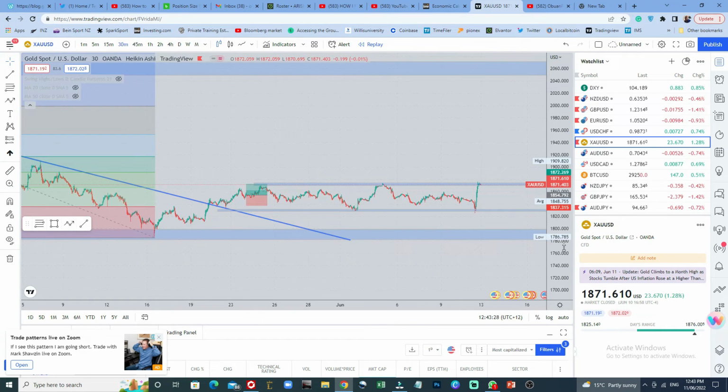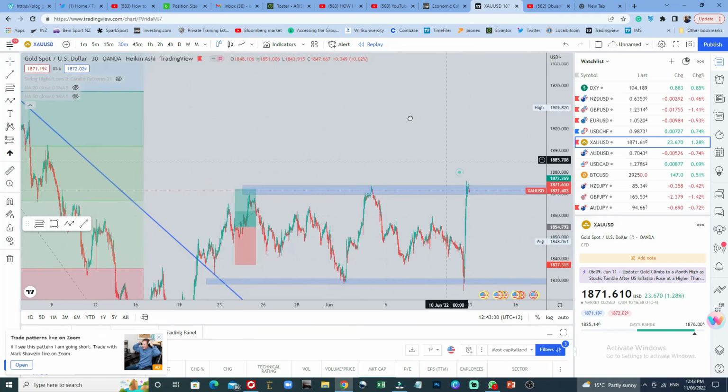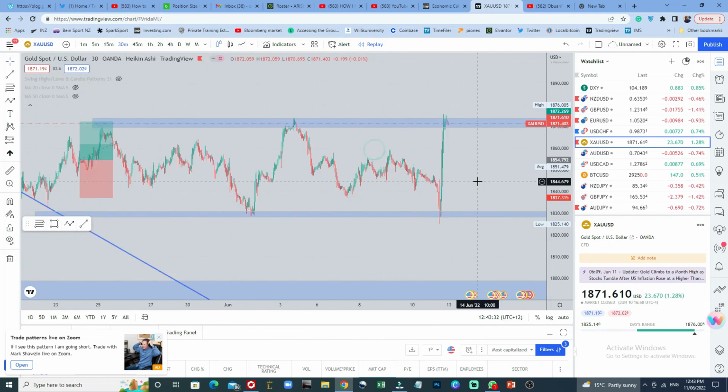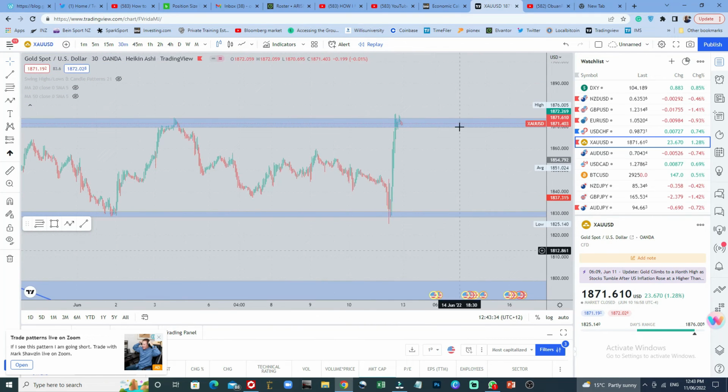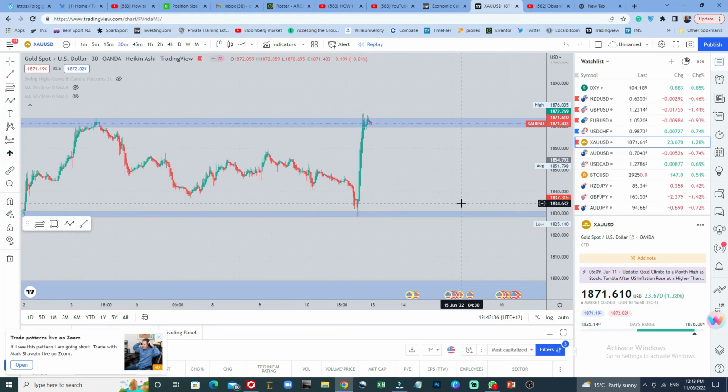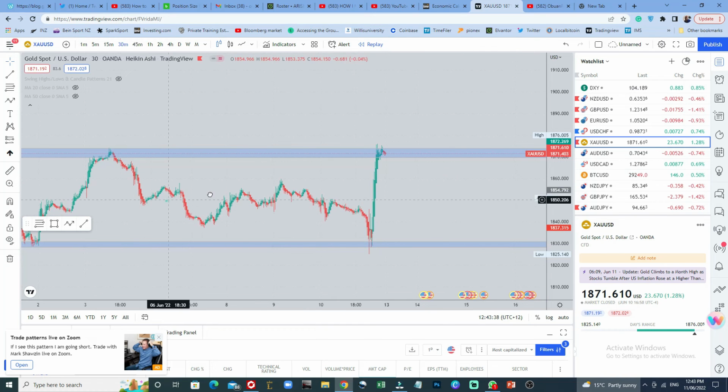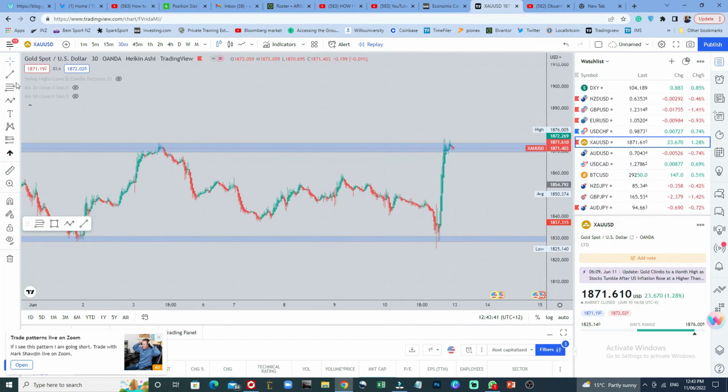You go closer into the market and expand it, and when you expand it, that particular consolidation can create more opportunities. So what do you do? You zoom in like I'm doing, you draw a trend line to know exactly where the market is headed.